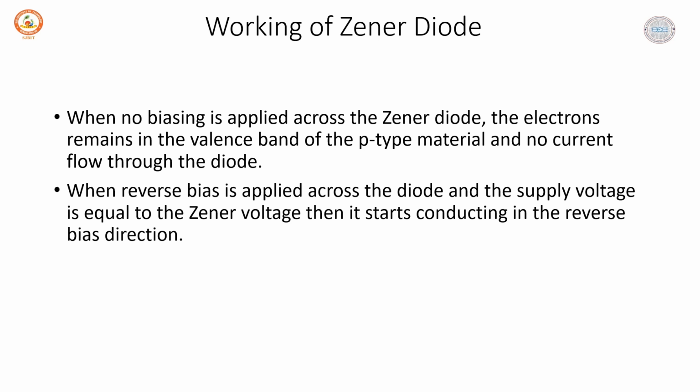When there is no bias applied to a zener diode, the electrons remain in the valence band of the p-type material and there is no current flow through the diode. But when a reverse bias is applied across the diode, with a supply voltage equal to the zener voltage, the reverse current starts flowing and the zener diode starts conducting in the reverse bias direction.